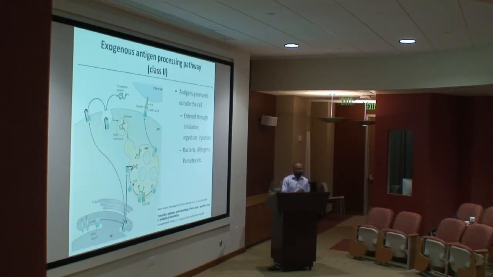So Sandeep was talking about the Class I or endogenous antigen processing pathway. Here in Class II binding predictions, we are dealing with the exogenous antigen processing pathway, or the antigens or allergens that are generated outside the cell and that get inside.